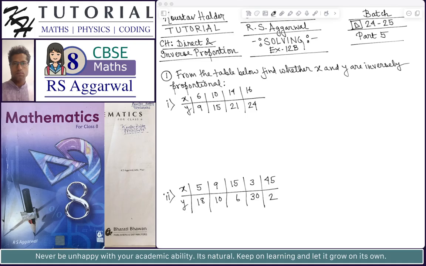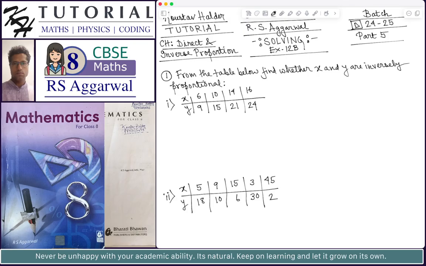This will help the concepts and formulas remain in your mind for a longer time, and this will also provide a good revision of the previous chapters. Okay, so let's start solving the problems.